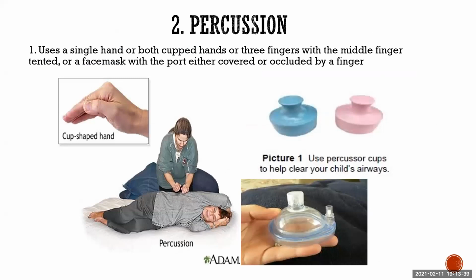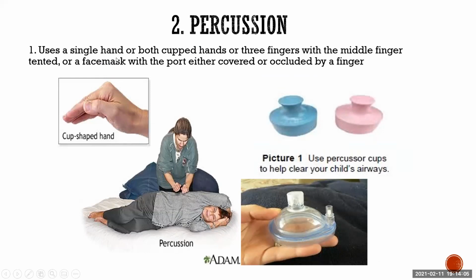Okay. Second, percussion. Percussion is also under conventional chest physiotherapy. For percussion, we either use our cupped hands or we use percussor cups, like the image that you can see here. We percuss on the part of the lung that we want to remove the secretions from.